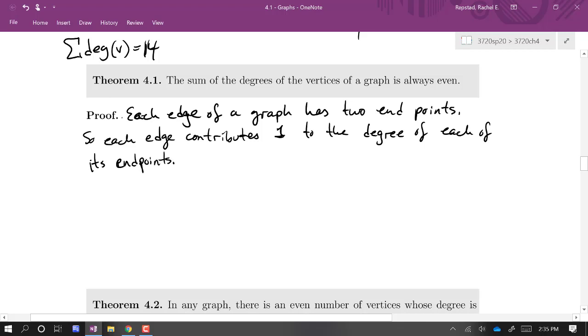So now, if we take this information and think about what it means about the sum of the degrees, each edge is going to contribute 2 to the sum of the degrees of the vertices.